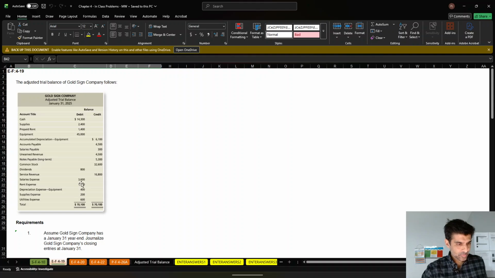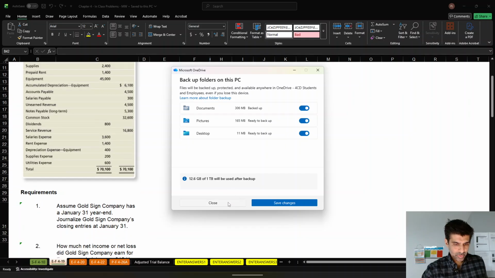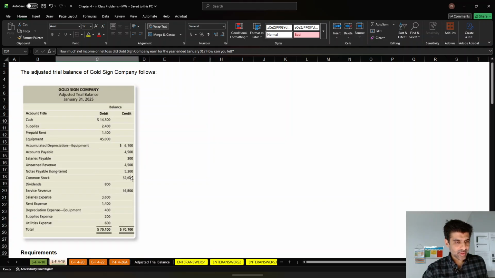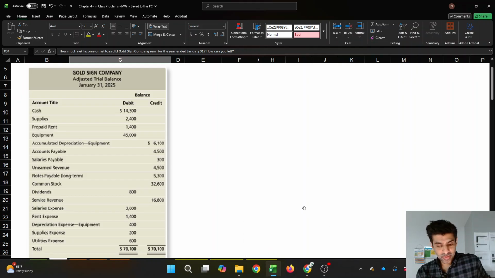It's the second tab. Basically, you're given an adjusted trial balance, and you've got to do the closing entries. You can see there's dividends, there's revenue, and there's a bunch of expense accounts. You're going to have to get those to go to 0.